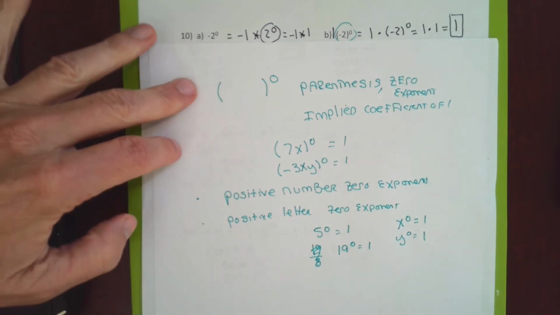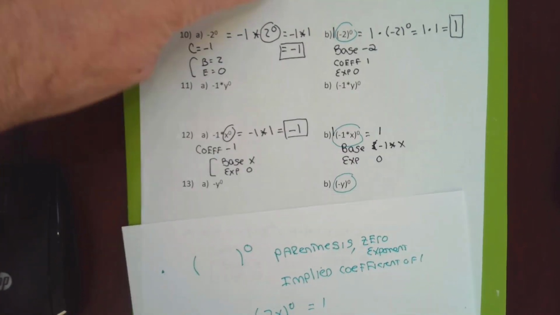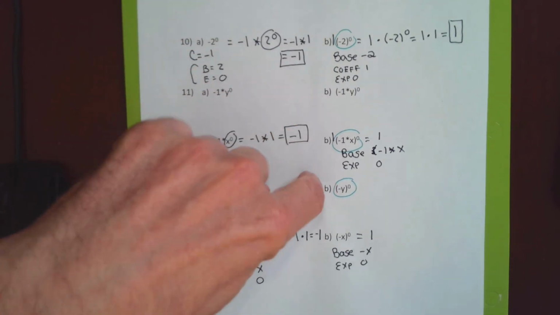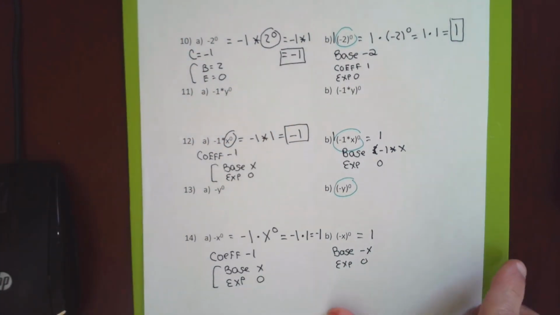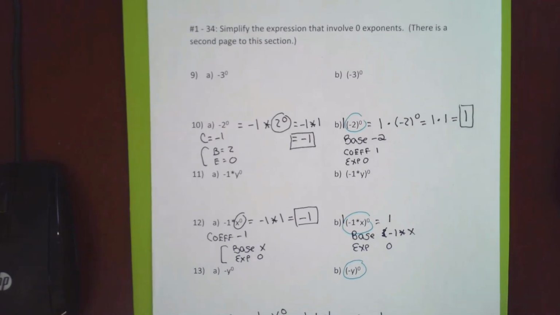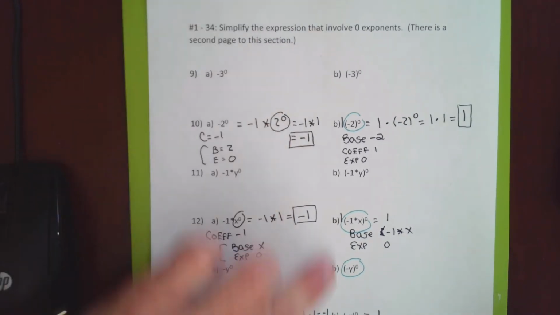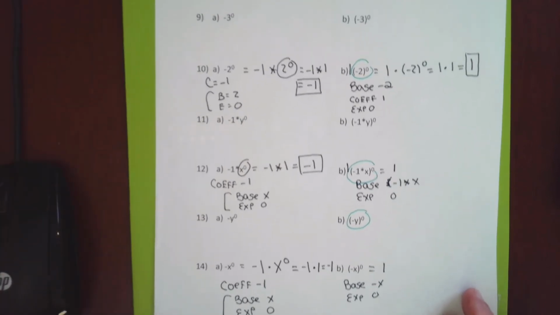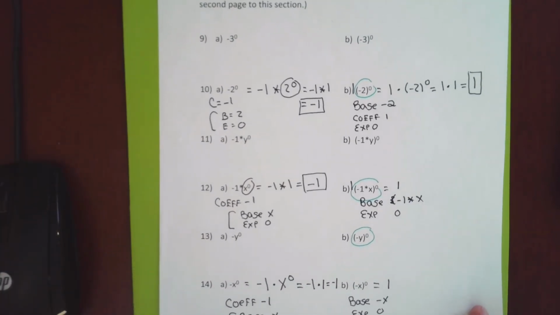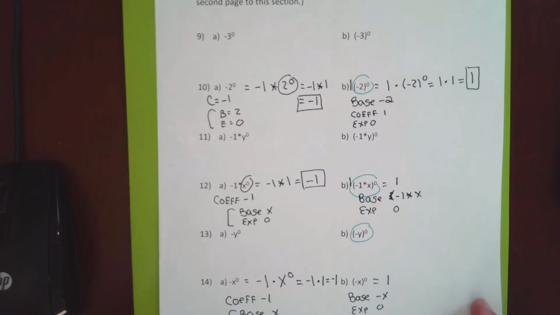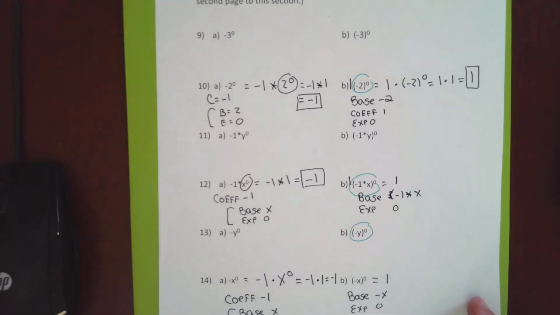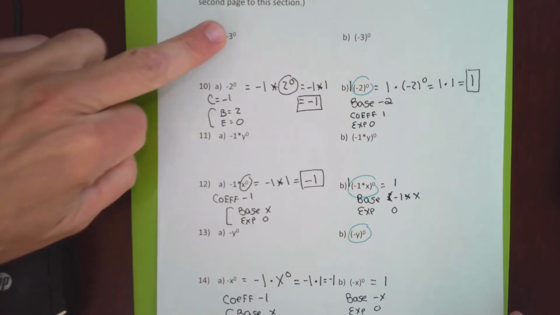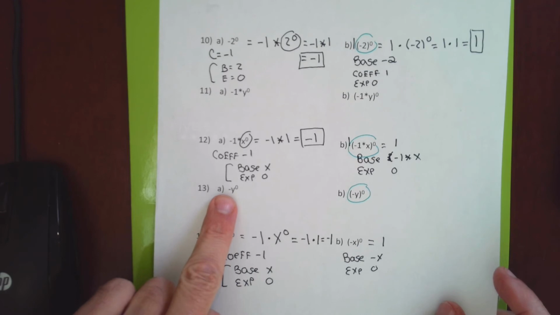So parentheses with a 0 exponent, like in 9b, 10b, 11b, 12b, 13b, and 14b. All the right-hand problems on this sheet are parentheses with 0 exponents, all equal to 1. All the left-hand problems on this sheet that we're just working don't have parentheses, so they don't fit that rule, and they're not a single positive number or a single positive letter with a 0 exponent.